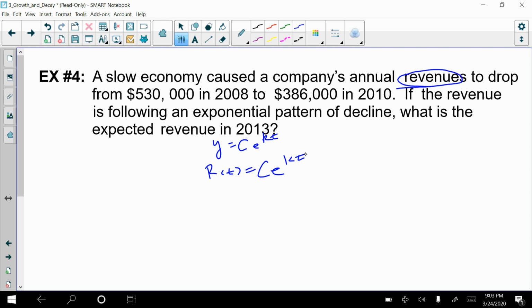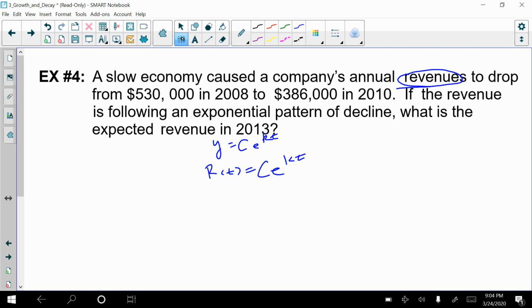So what do we know? We know that in this case, we started in 2008 and in 2010, so we definitely have a change of 2 years. So in time, it was 2. Well, let's back this up. I'm not starting at the beginning, and that's bad, Mr. Piercy.